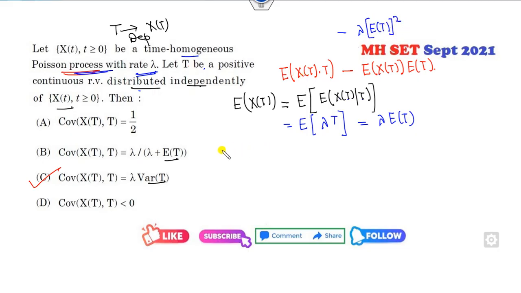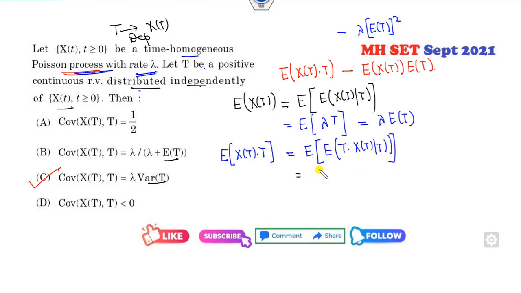Now I can calculate the left hand side. This is X(t) into t. Again I can write this as expected value of t into X(t).